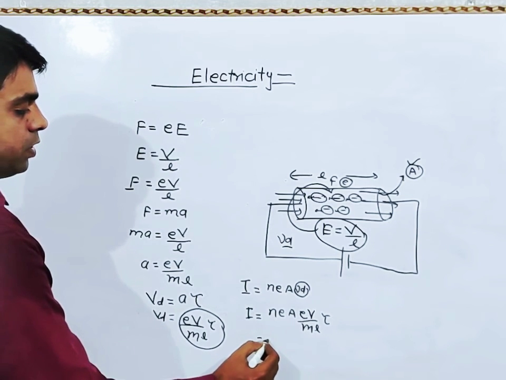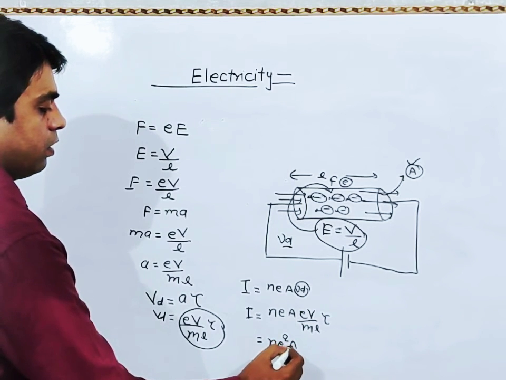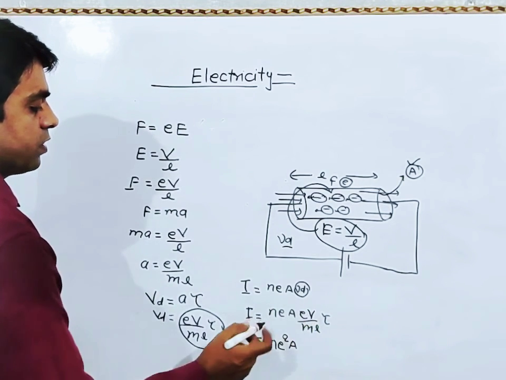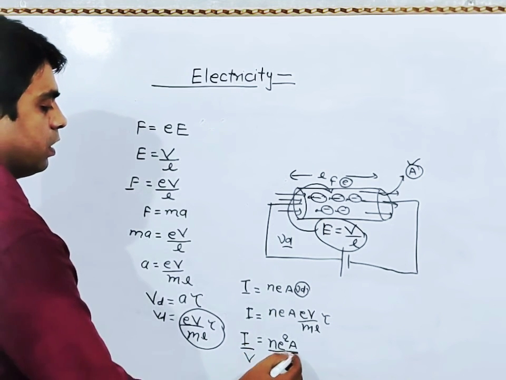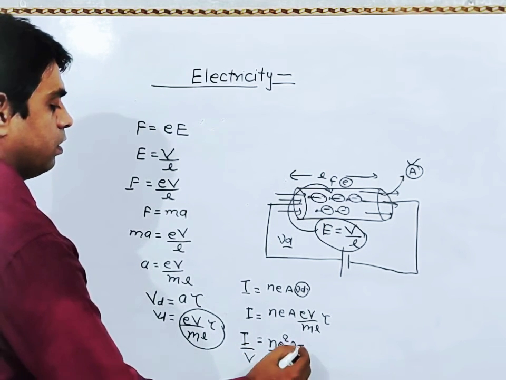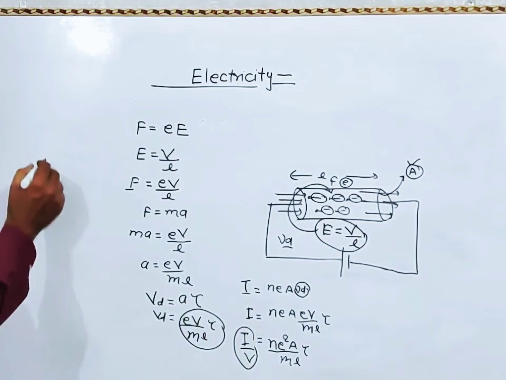Now this term may be written as ne squared A tau, V sent over here, I by V upon mL. Now what is I by V or V by I?